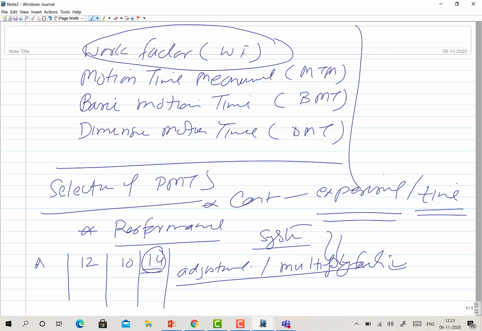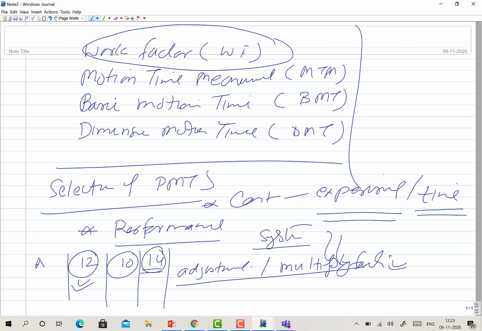So these 14 or 10 seconds can be used instead of the 12 seconds available in the database, as per the performance rating of the different systems. And this is the job of the studyman or the expert who is applying the PMTS system.